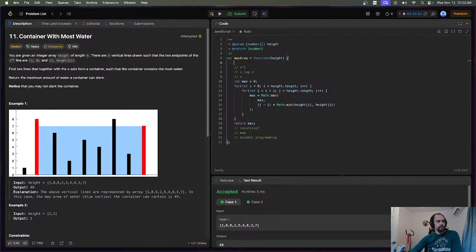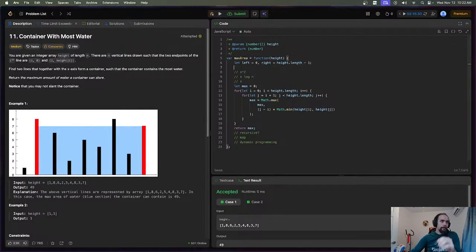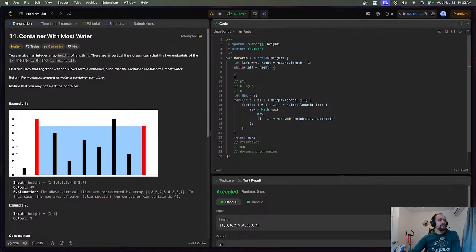So basically we have let left equals 0, right equals height dot length minus 1. And I guess we'll say while left is less than or equal to right, less than right. And then we'll probably also keep max.